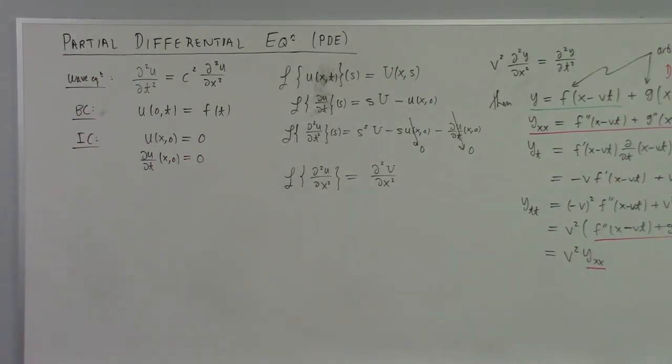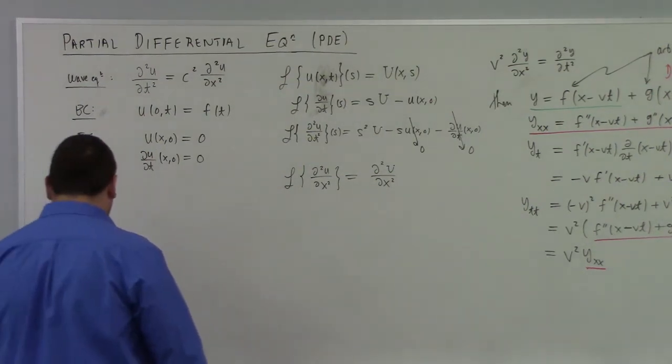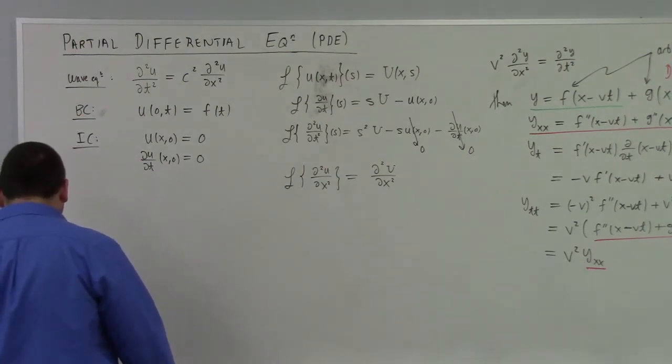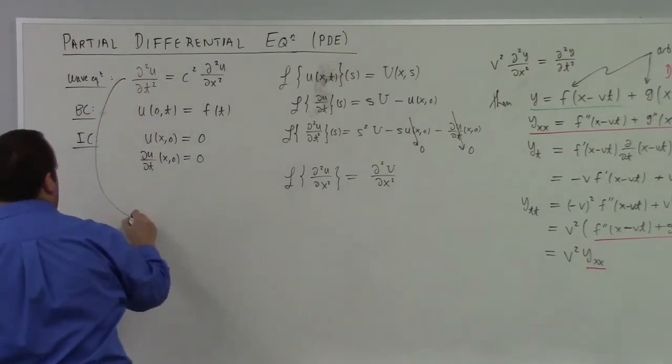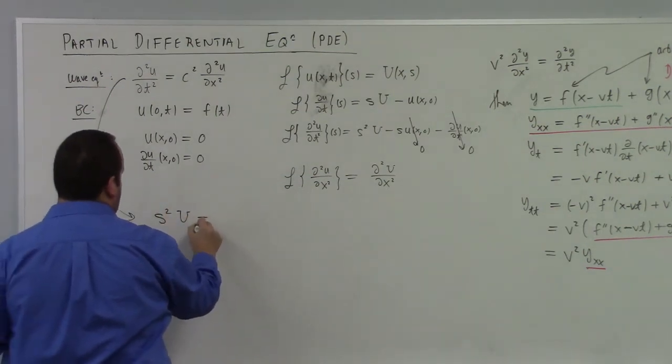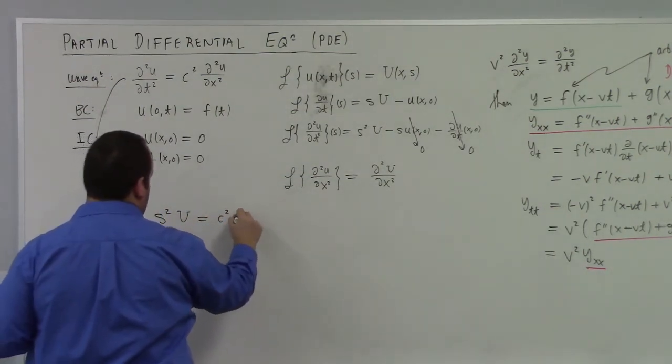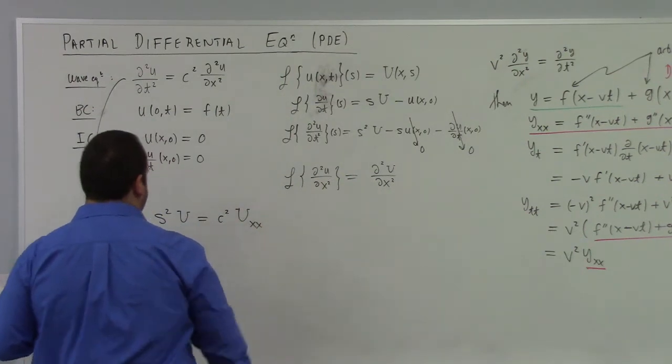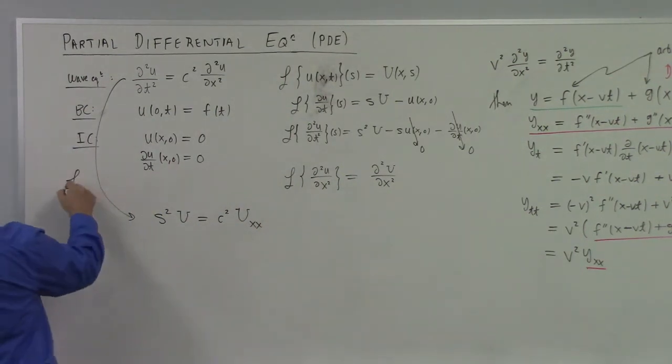Because we're transforming the t variable, nothing happens to the x variable, so the partial derivative with respect to x remains just that. So we get s squared big U equals c squared U_xx by the Laplace transform.